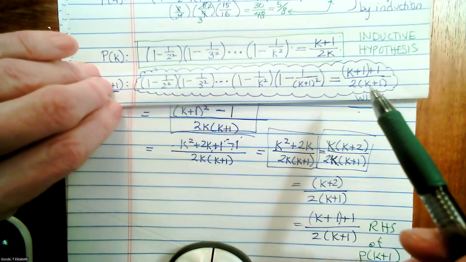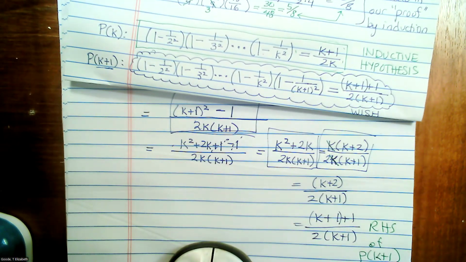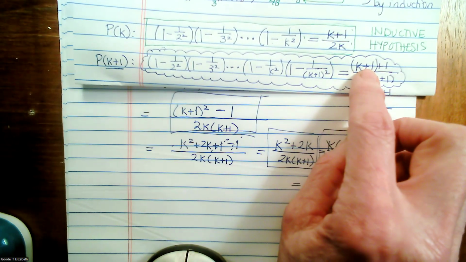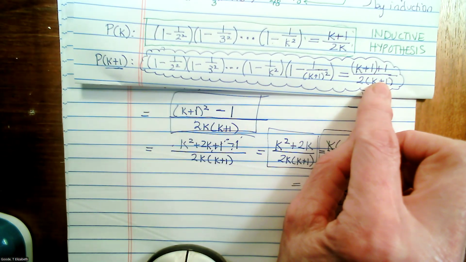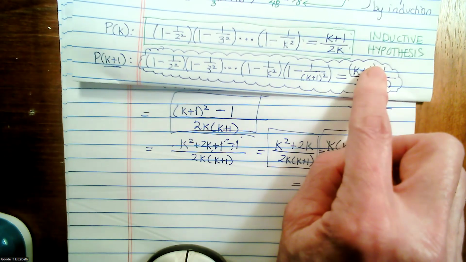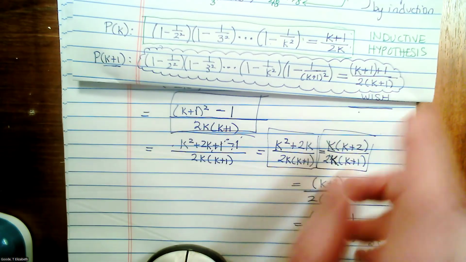So I think they want this before it's simplified. The right-hand side of P of k plus 1 is k plus 1 over 2 times the quantity k plus 1.